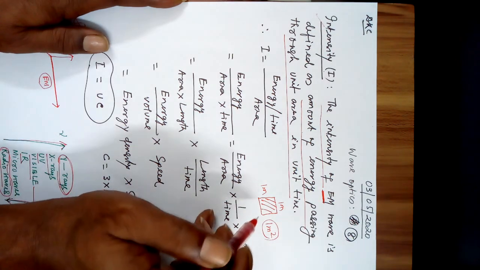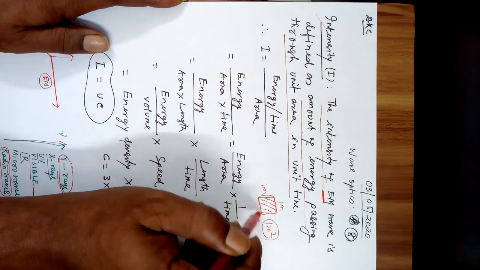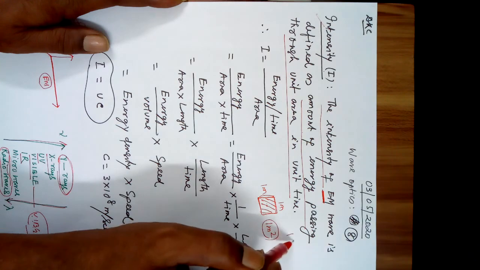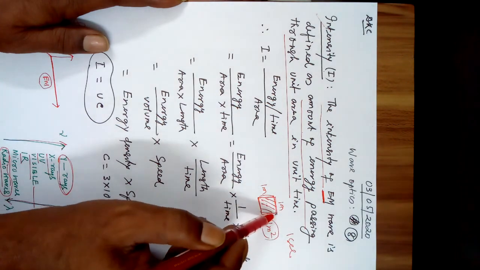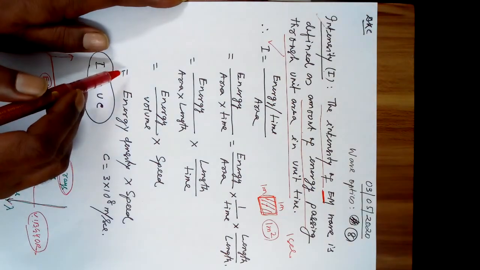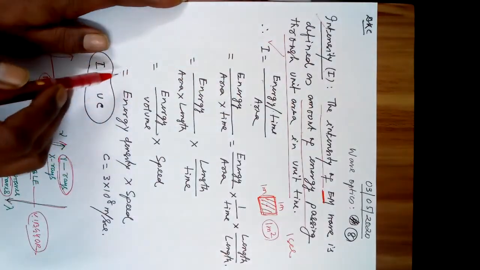Now energy is passing through this unit area. How much is passing in 1 second? How much energy is passing through this area in 1 second is called intensity. So it is energy per unit time per unit area.